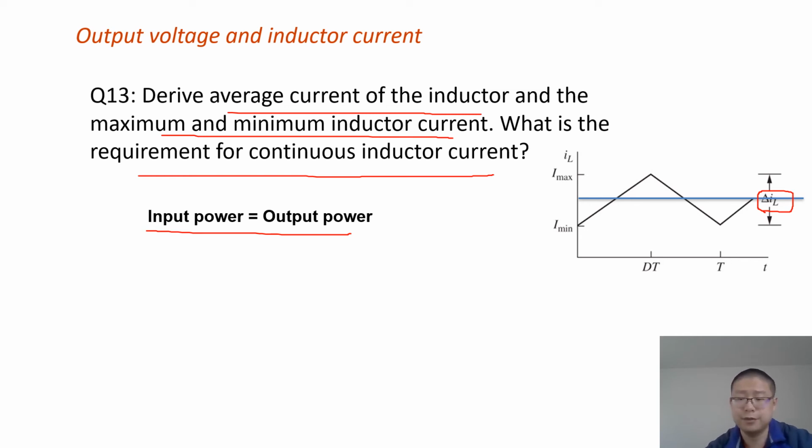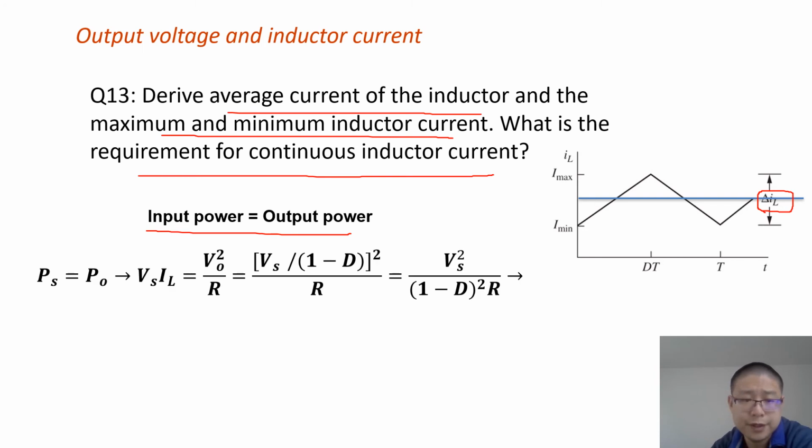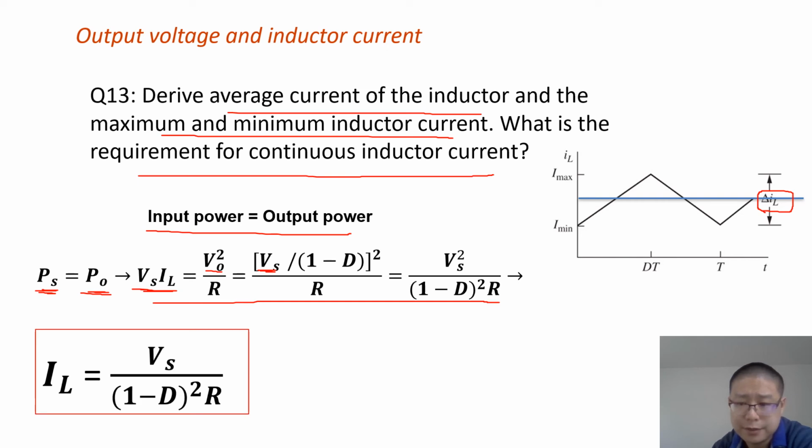Okay, let's take a look at this problem together. The input power is represented by PS, and the output power is represented by PO. PS equals VS times IL, and PO equals VO squared over R. We also know the relationship between VO and VS. By simplifying this equation, we can obtain the expression for IL.